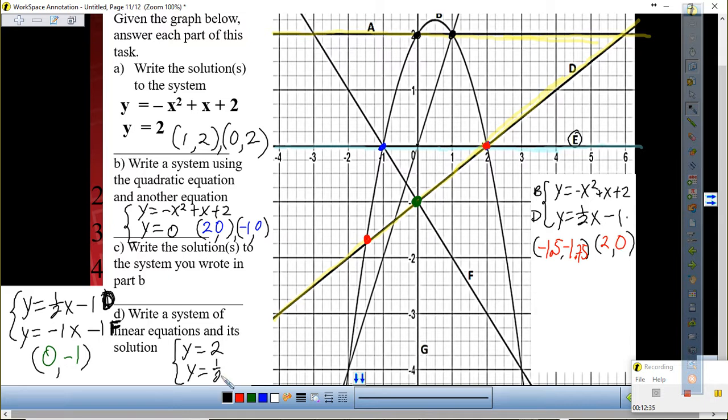Positive 1 half x minus 1. Okay. So we're looking at line D. And what other line, everyone? And line A. Tell your neighbor the solution to that system, please. On 3, everyone. 1, 2, 3. 6, 2. Let's see. 6, 2.